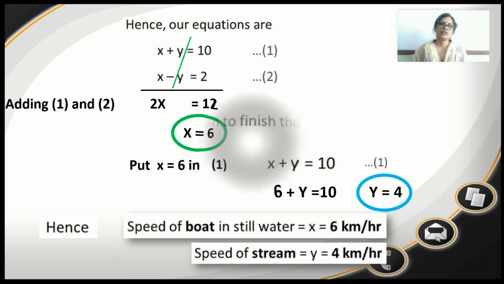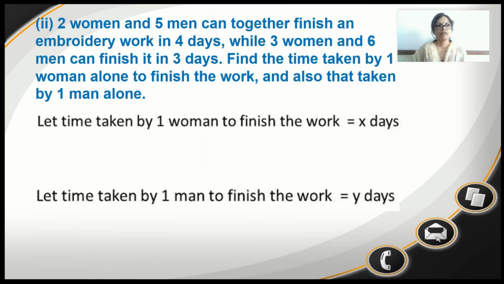This is question number 2 and second sum from that exercise 3.6. 2 women and 5 men can together finish an embroidery work in 4 days, while 3 women and 6 men can finish it in 3 days.